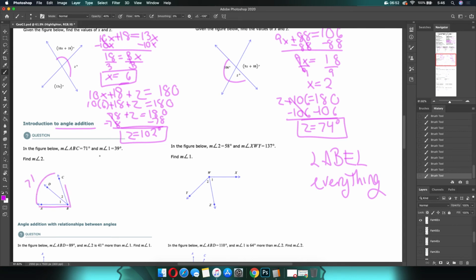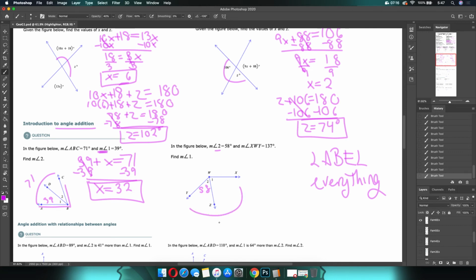And then we're told the measure of angle 1 is 39. So 39 plus something equals 71, minus 39, minus 39. X equals 32 degrees. There we go. Next one, the measure of angle 2 is 58. And then WXY.